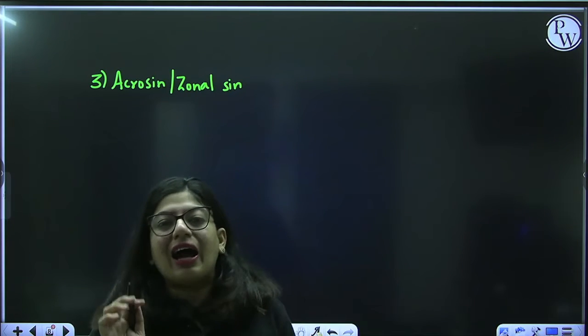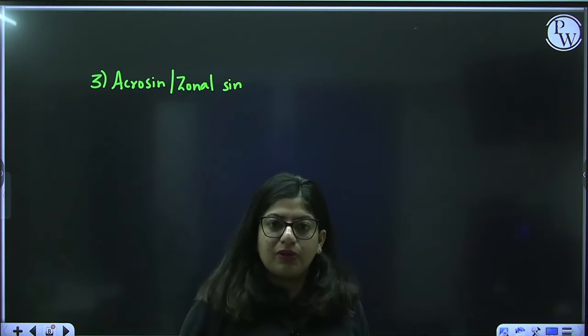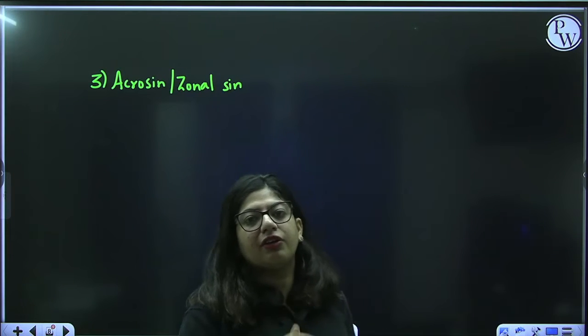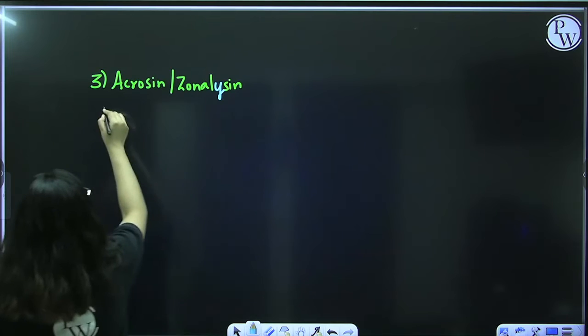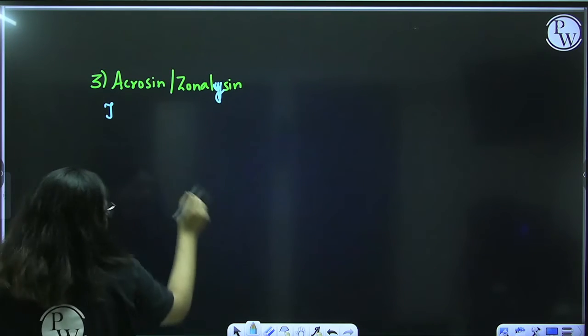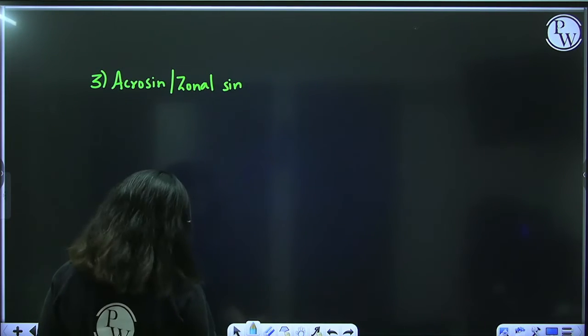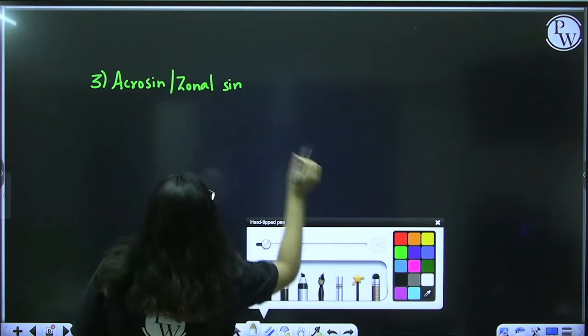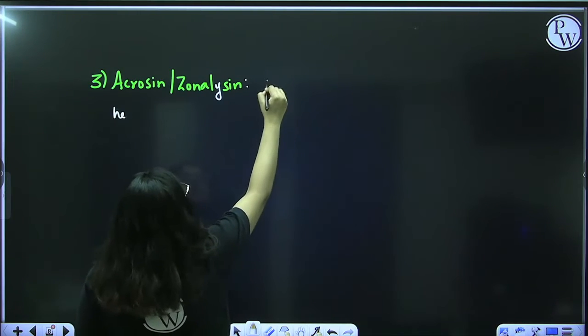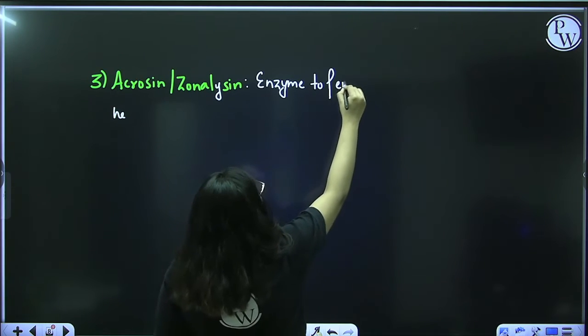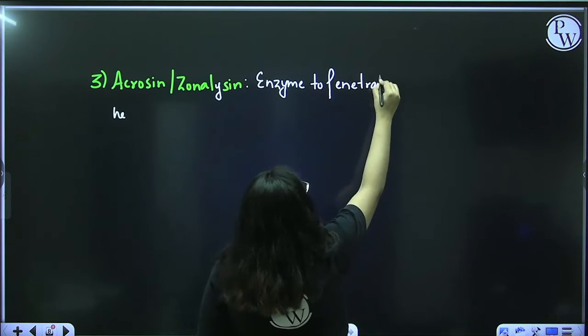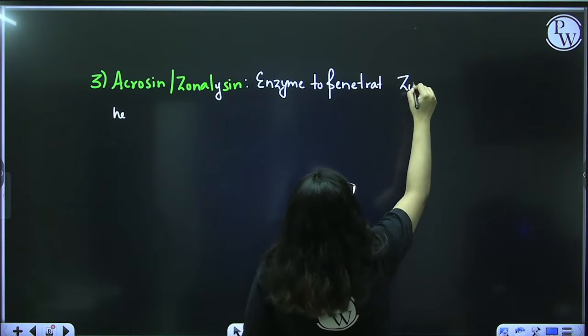This will digest the glycoprotein of the zona pellucida and the sperm will enter more inside. So now what will happen after this, guys? This is the enzyme, zonalysin, to penetrate the zona pellucida.